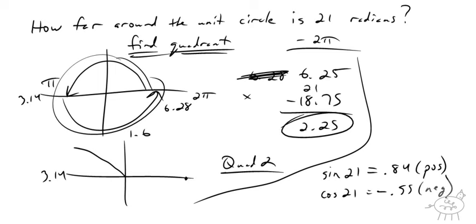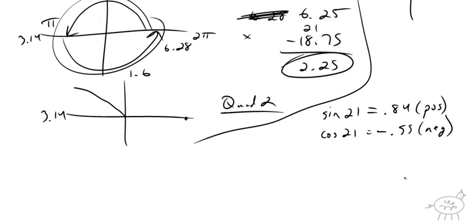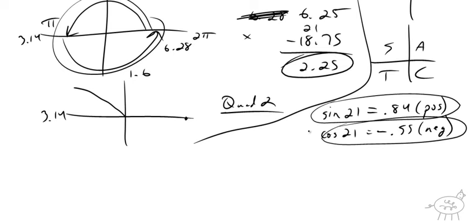Based on All Students Take Calculus, which one is sine positive and which one is cosine negative? Well, isn't sine positive here and here, and cosine negative here and here, so my answer to this problem is right here in this quadrant, right?